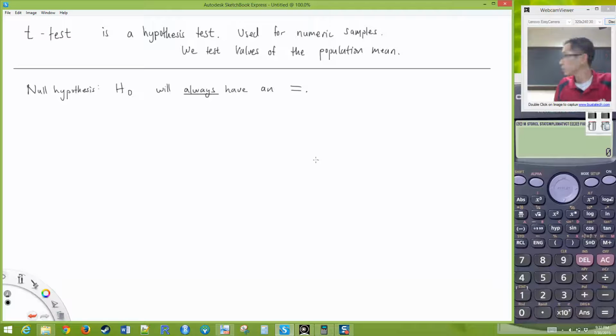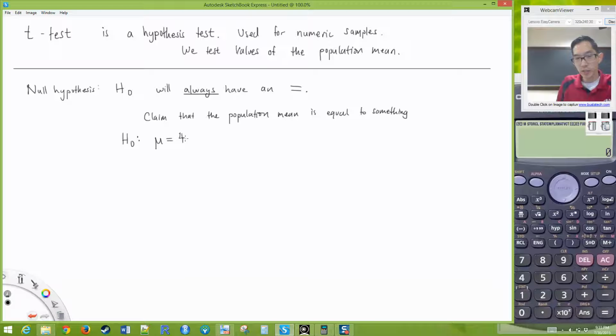Okay, so this is like the claim that the population mean is equal to something. So for example, we could say we claim that the population mean is 48. Okay, there's always an equal sign in the null hypothesis.